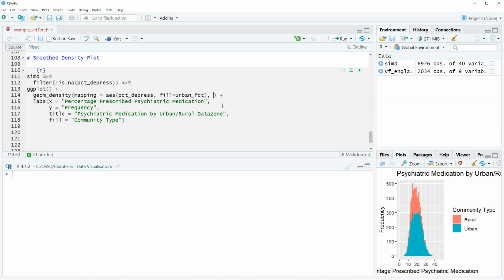But we're going to include this option, alpha. Alpha is a lightening or darkening mechanism, more like lightening. We're going to use this throughout a lot of the data visualization.